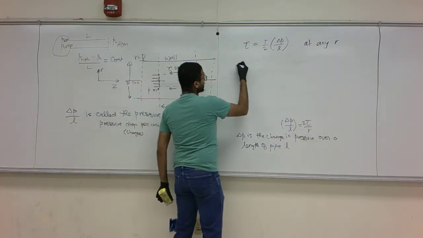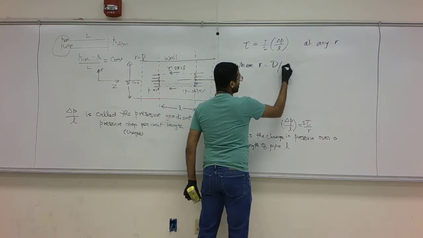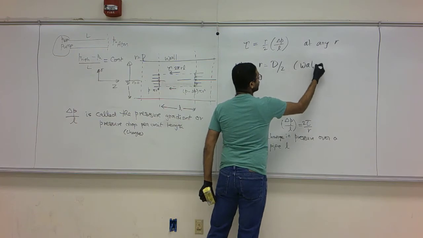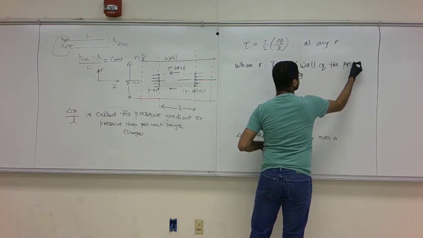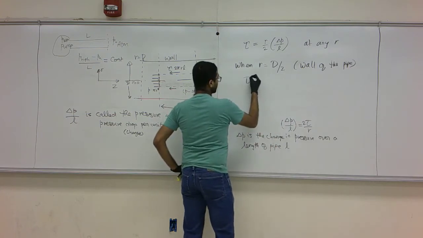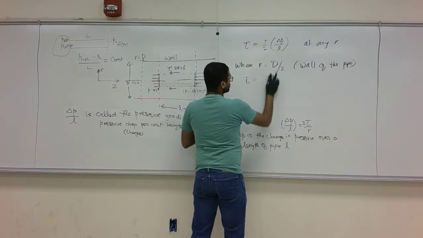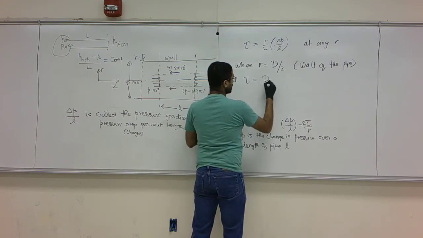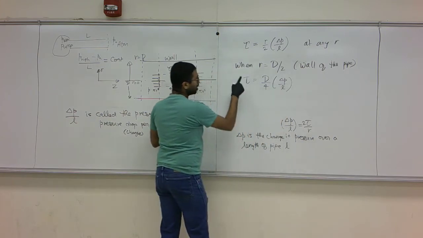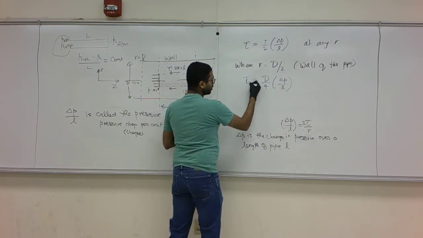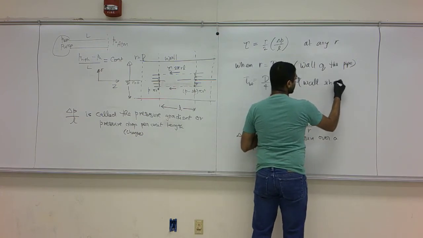I'll take the special case when r equals D by 2, which corresponds to the wall of the pipe. In that case, I have tau equals D over 4 times delta P over L, and I will call this value of shear stress tau W. I'll call this the wall shear stress.